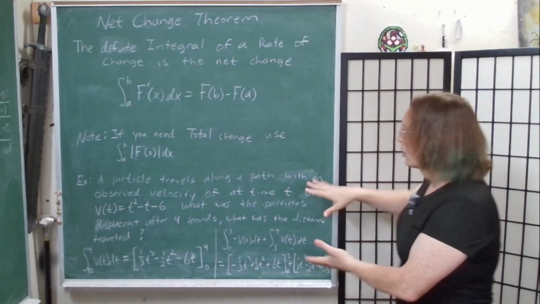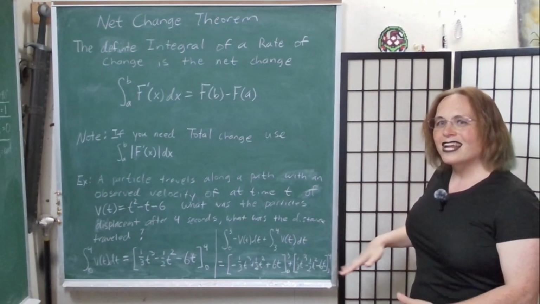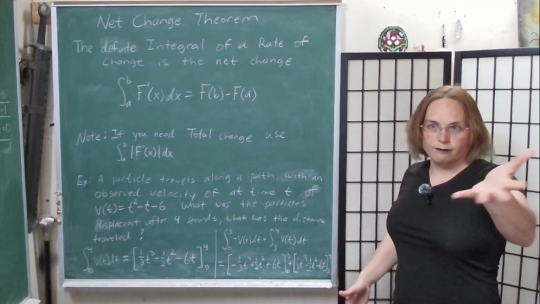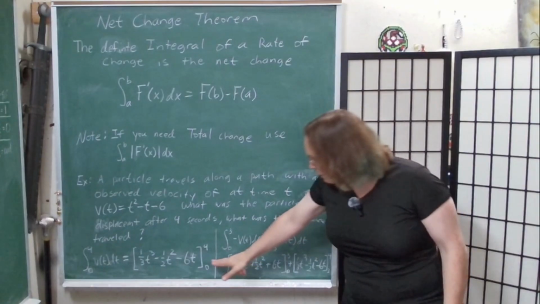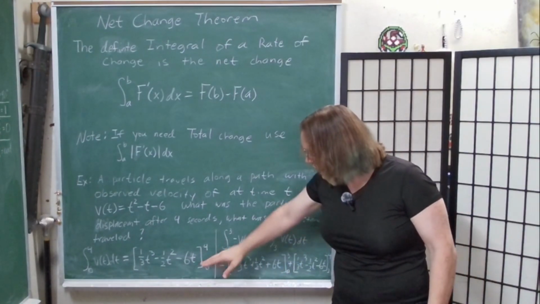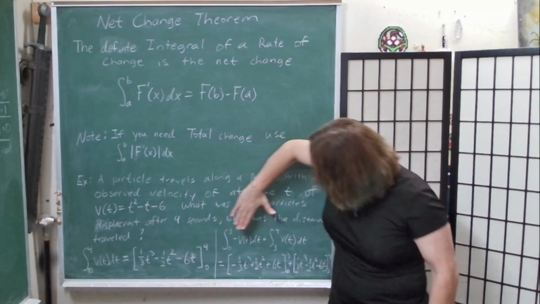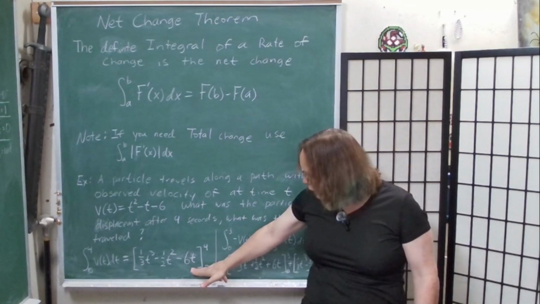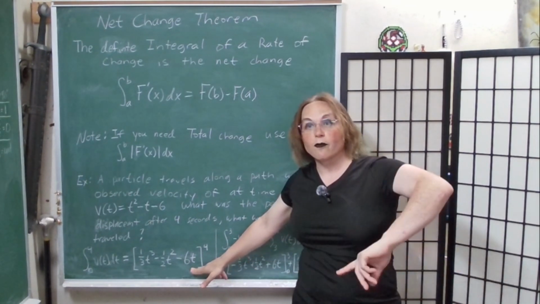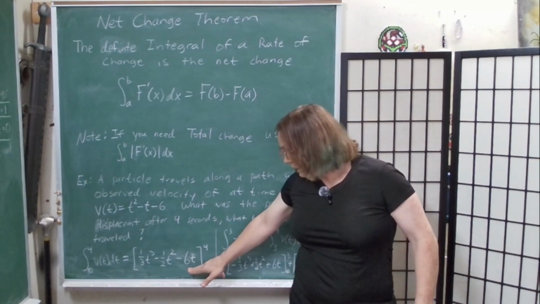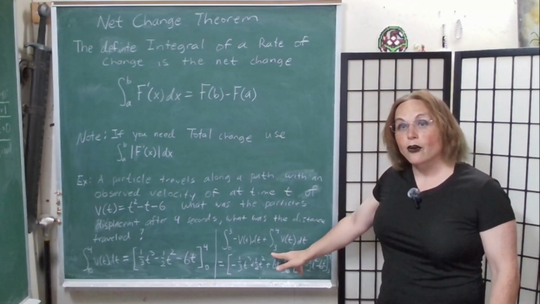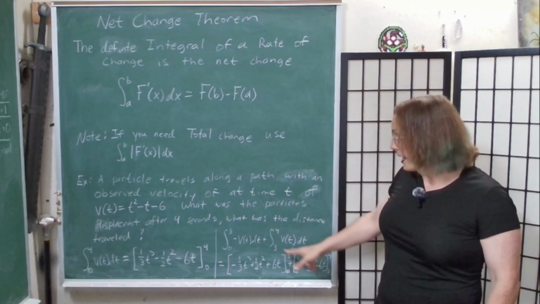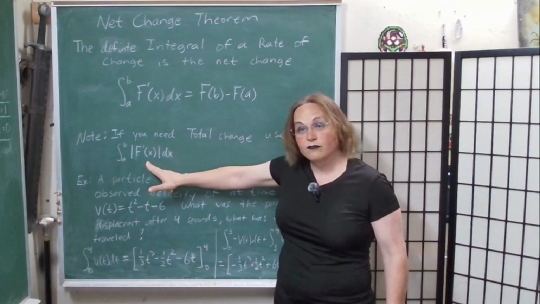Okay? So if we look at our example of the particle here, I didn't get to the full answers because you should be able to calculate those at this point. But I did get to the point to show the difference between the displacement and the distance. Over here, we took just the integral of the basic function from 0 to 4. But over here, we actually had to break it up because we used the absolute value.